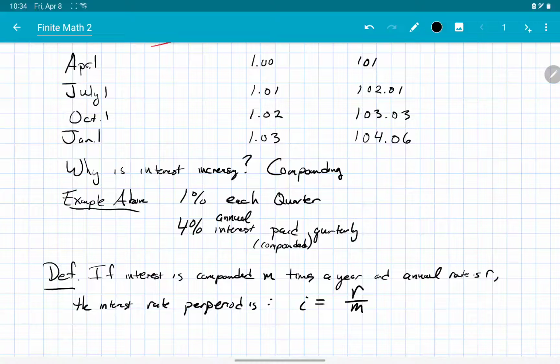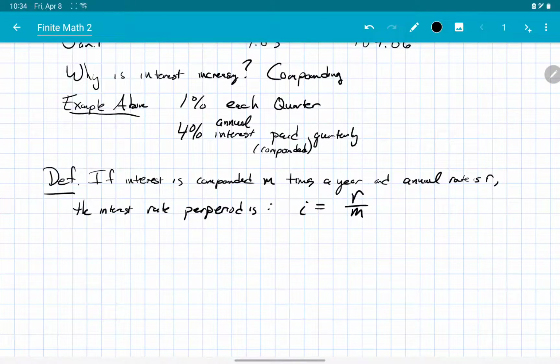So it's the annual rate reported divided by the number of periods that are used in the compounding. So in the previous example, we had 4% and we had 1% is equal to 4% divided by 4 times a year. That's what we had in that example.